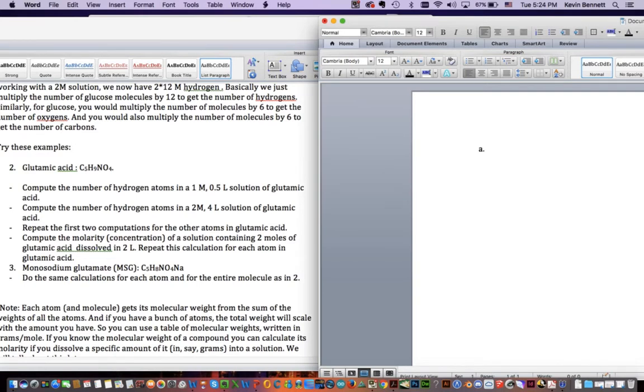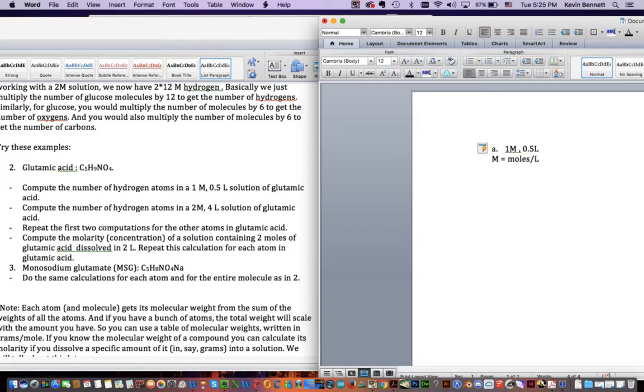So let's just start. We'll call this problem A, 1 molar 0.5 liter solution of glutamic acid. So this tells you the concentration of this entire molecule of glutamic acid in your half-liter container. And just like before, the main thing you want to remember is that this big M is the molar concentration, which means moles per liter.